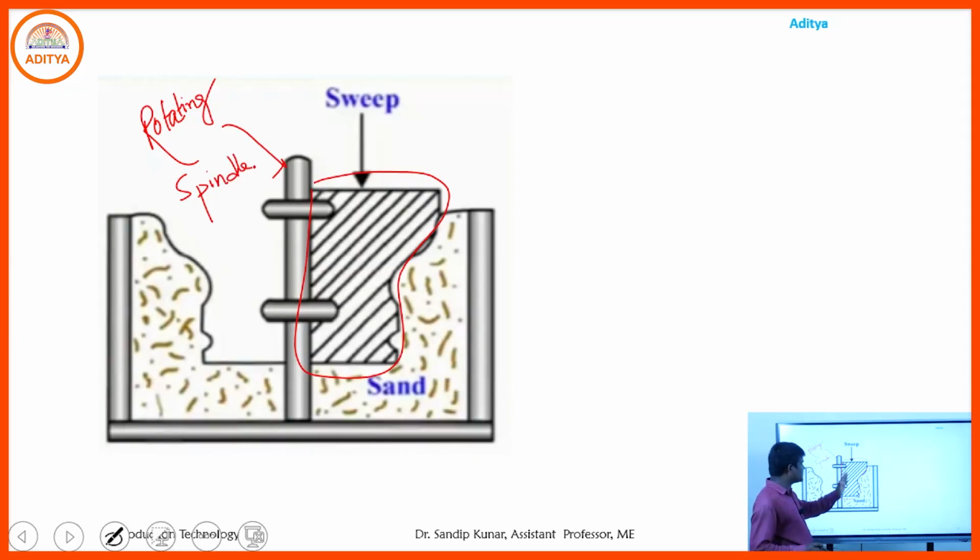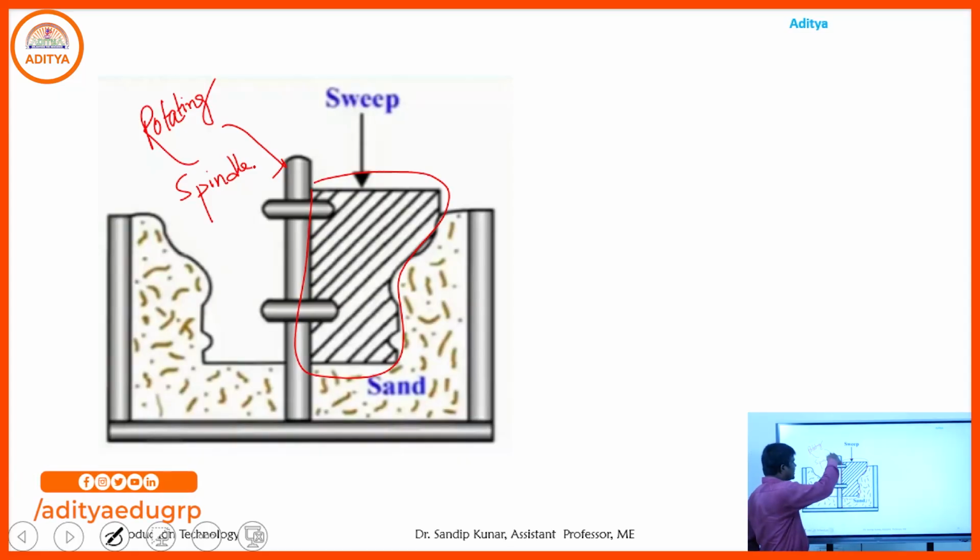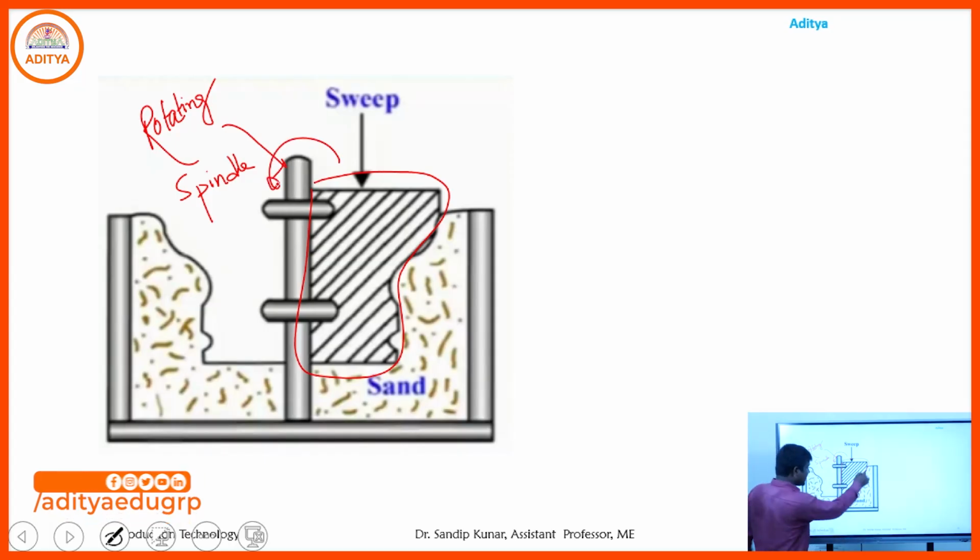If we keep the pattern, means half shape of the pattern, on one side, and then we fill up with molding materials, then we prepare the mold cavity using that shape. Okay, half shape. Again the rotating spindle will be rotated, and that half portion comes to that particular portion, the left portion.